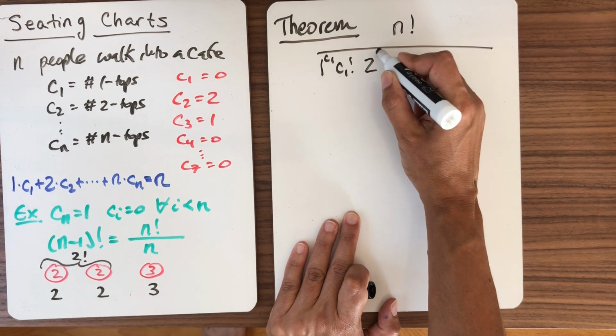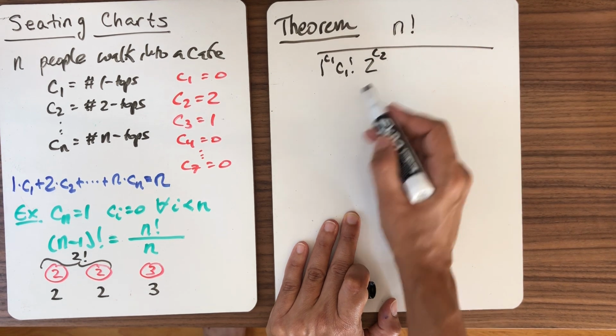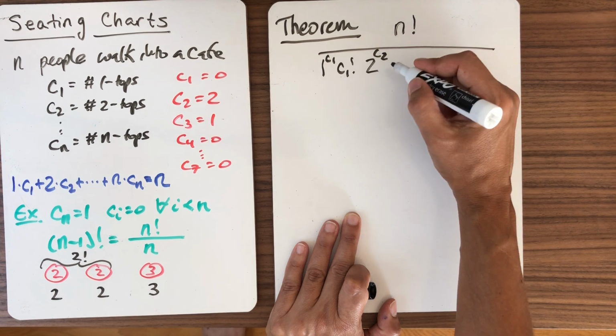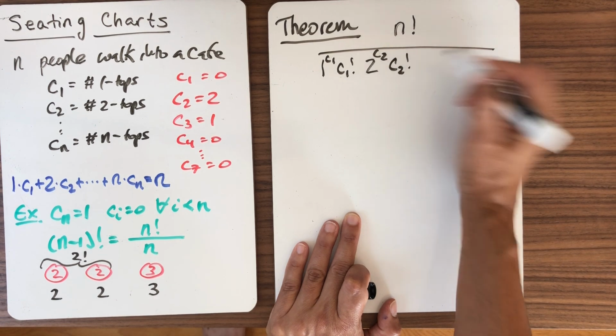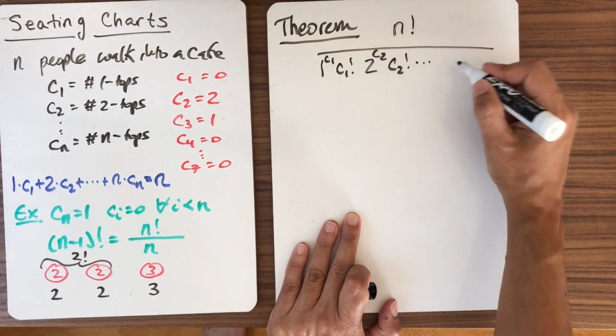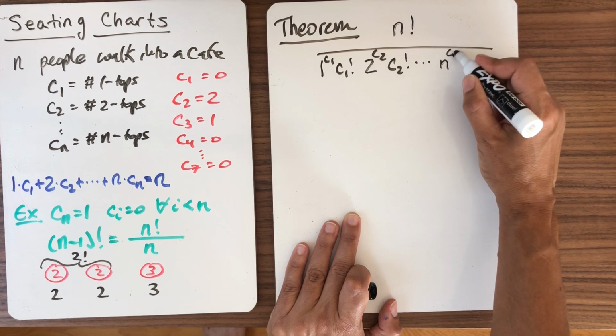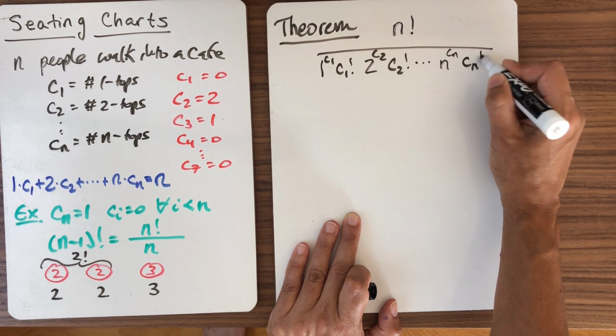And now we take the 2 tops, okay? Well, for each 2 top, you have to pick who's first, and then you have to arrange your 2 tops. And keep going, and we get n to the Cn factorial.